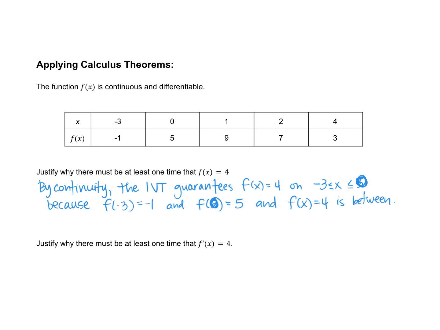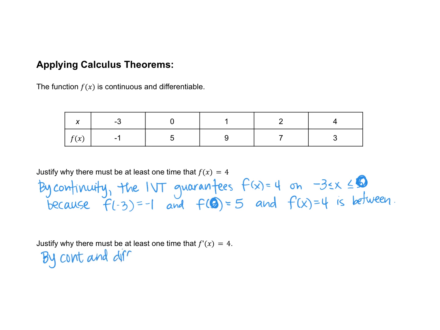Okay, now last one. Justify why there must be at least one time that f prime is equal to 4. So here should be the combination of we have differentiability and we have f prime, which means we're using what theorem? MVT. So you would say by continuity and differentiability.